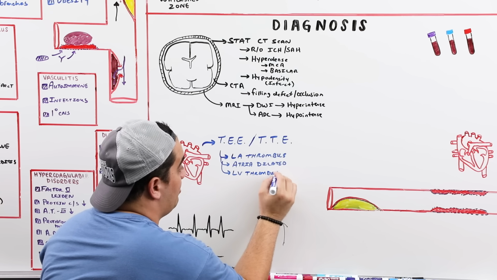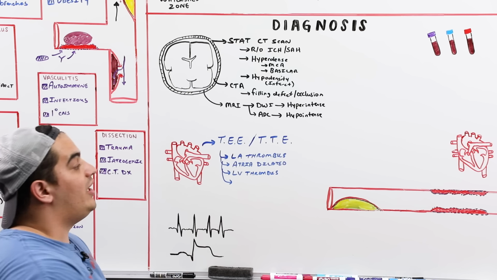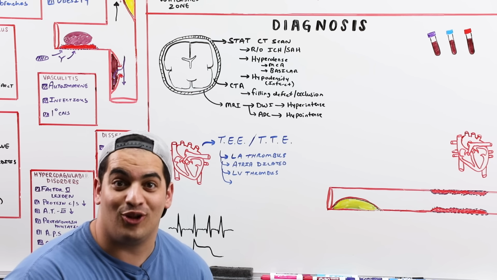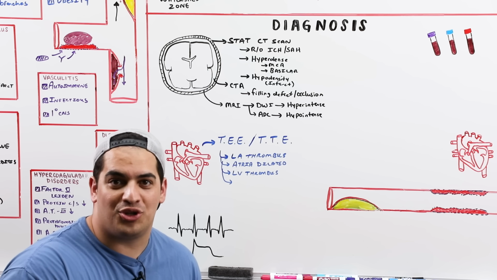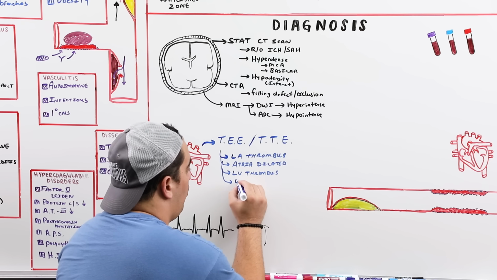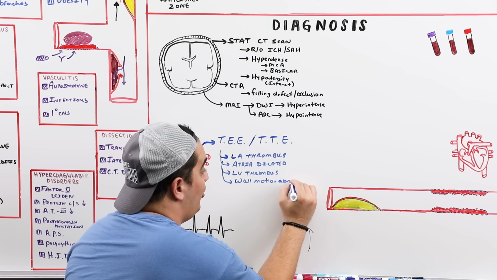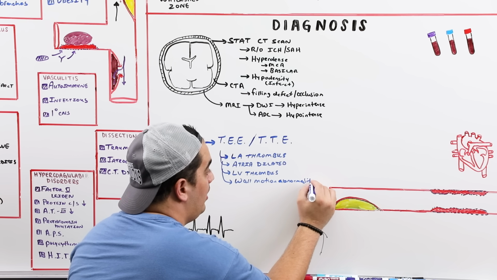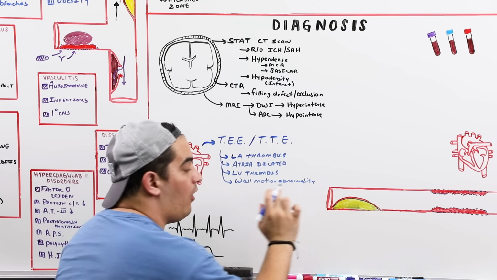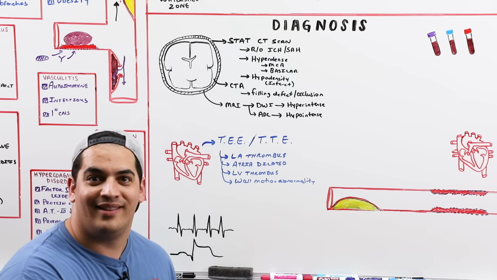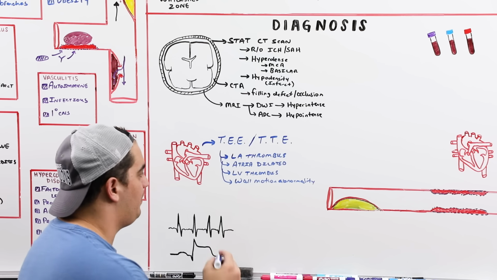And another thing that's nice about this is echoes will give you your ejection fraction and look for wall motion abnormalities. So is there any wall motion abnormalities? Because that may tell you that if they have a wall motion abnormality, maybe they had an infarct of that portion of the heart. They had an ischemic attack there.